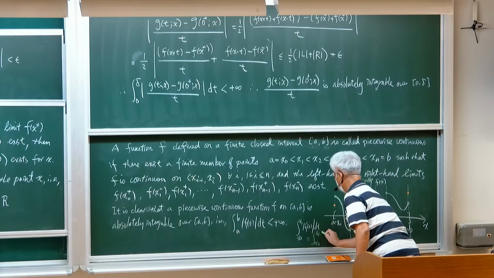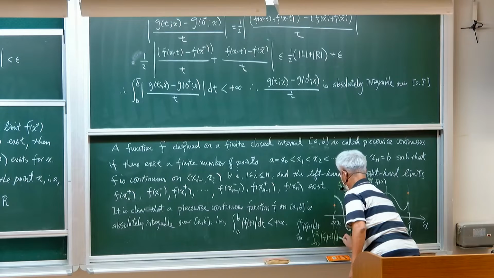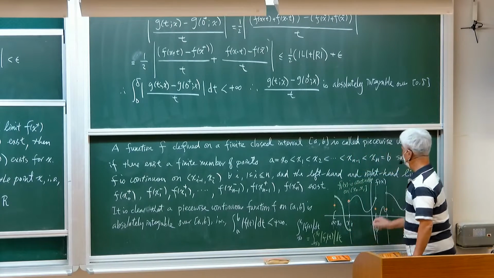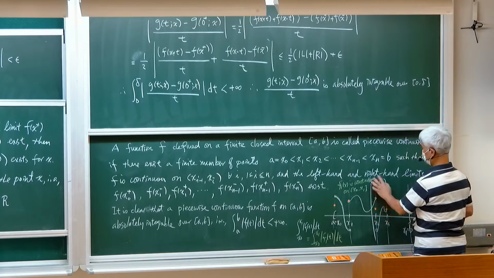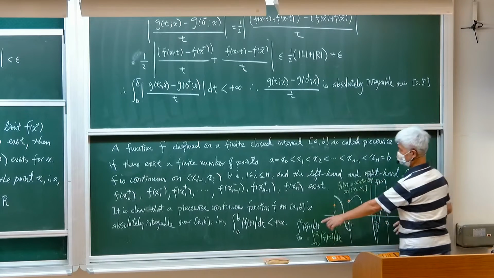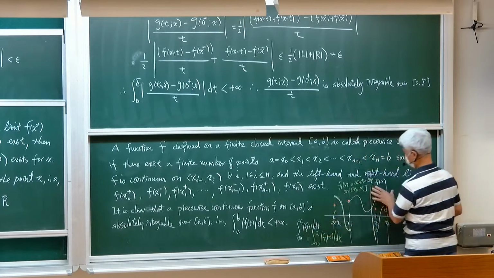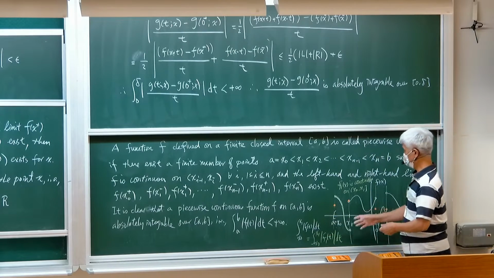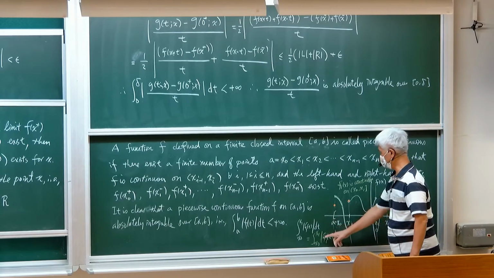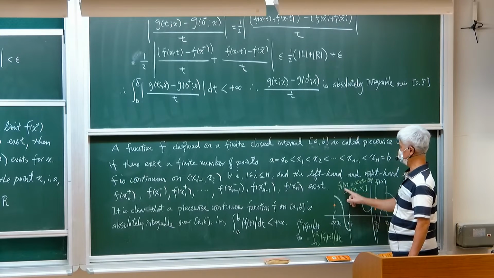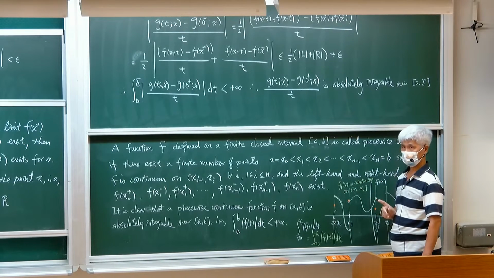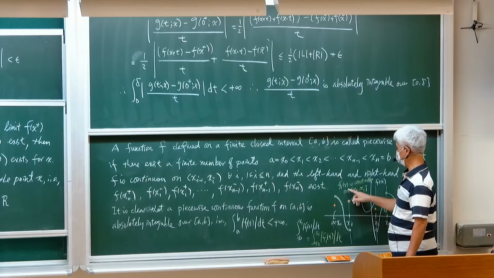So the integral over this subinterval of the absolute value of the original function is equal to the integral over the same subinterval of f1, and this f1 is a continuous function on a closed interval.